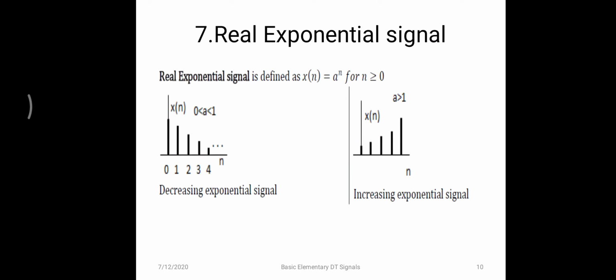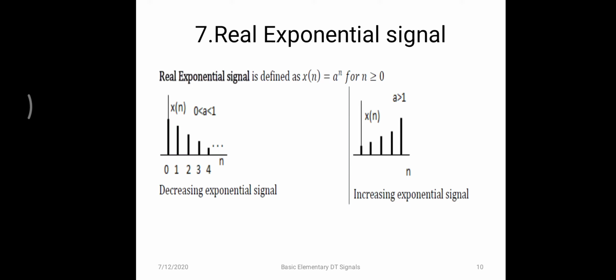And the other signal is real exponential signal. There we discussed x of t is equal to a into e power at. Here simply I have taken x of n is equal to a power n, and that is for n greater than or equal to 0. So there are once again decreasing exponential and growing exponential.